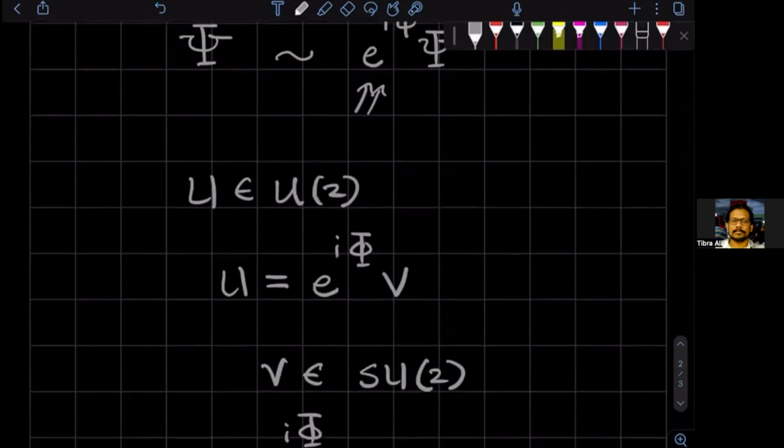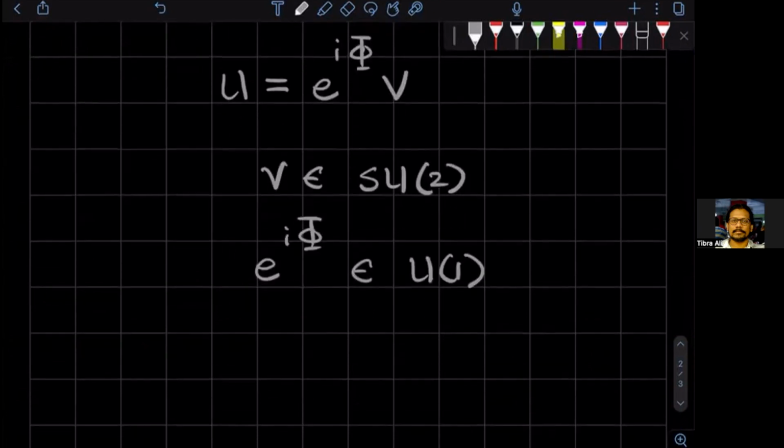We can choose this phase factor to set this part of the U2 matrix to 1.